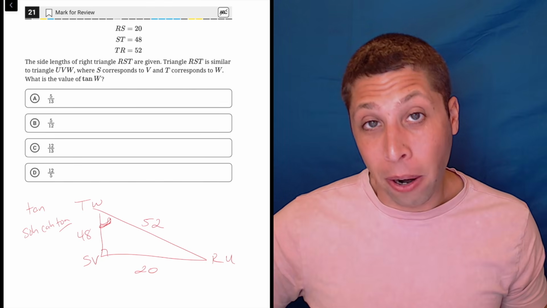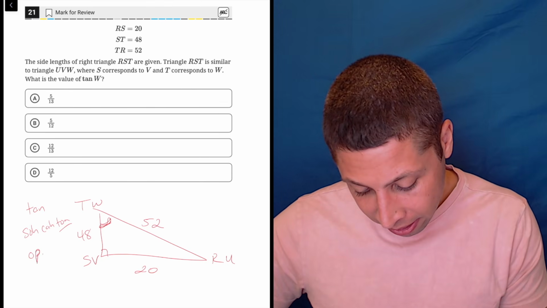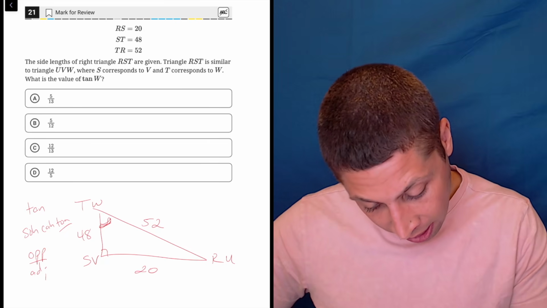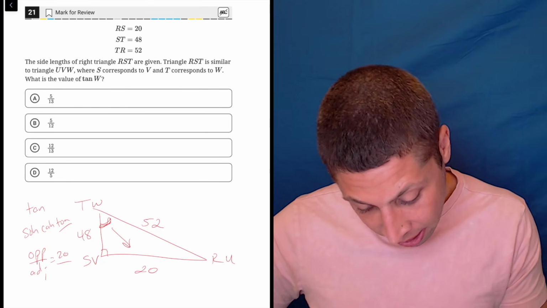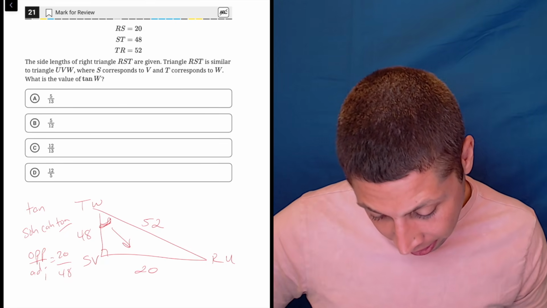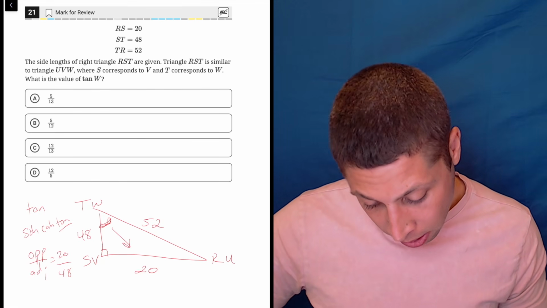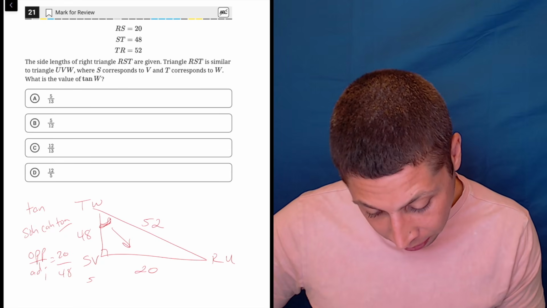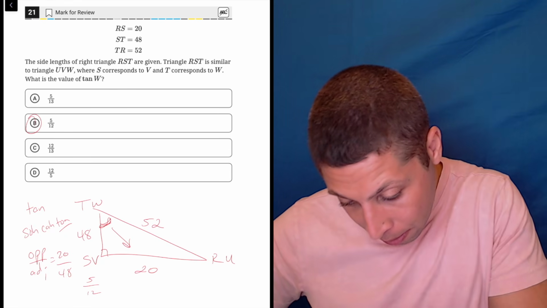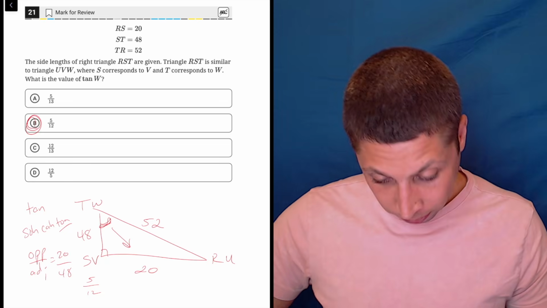It's the T part, so that's opposite over adjacent. So the opposite is 20, and the adjacent is 48. And I have to reduce that. Both are divisible by 4, so that's going to be 5 over 12, B. Cool.